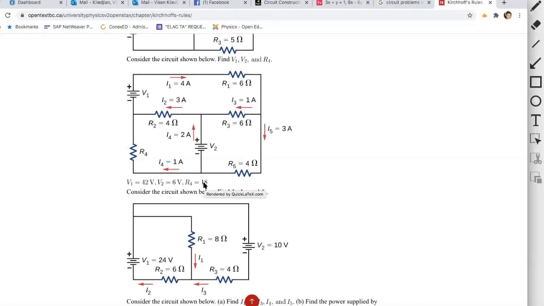4 ohms. 3. They're saying R4 is 18. Wait, Professor, how'd you make your loop for solving for R4? I did the bottom. I did this whole thing.